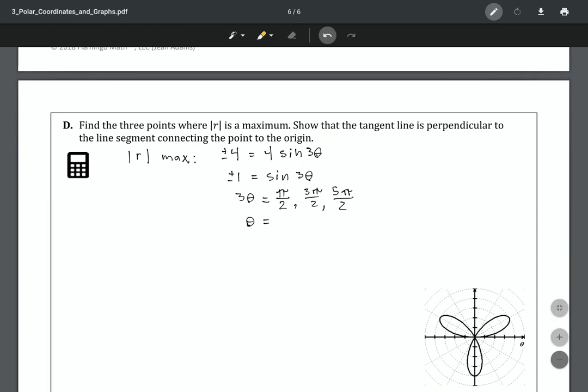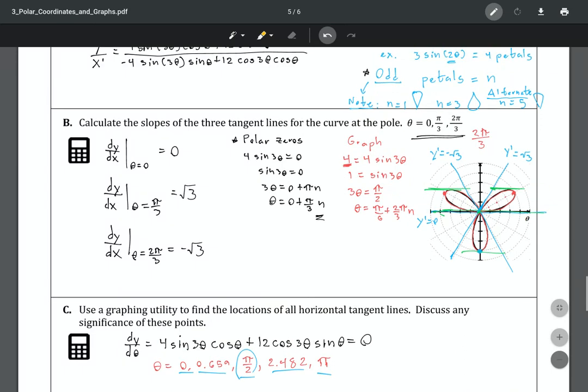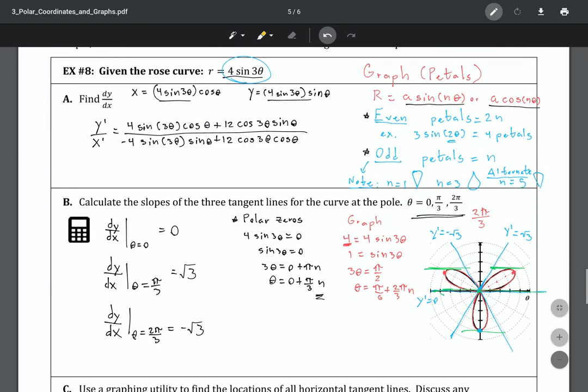Technically, since I graphed them, we already found these, so you can just think back to when I graphed them. I think that way, honestly, for me at least, it makes more common sense.